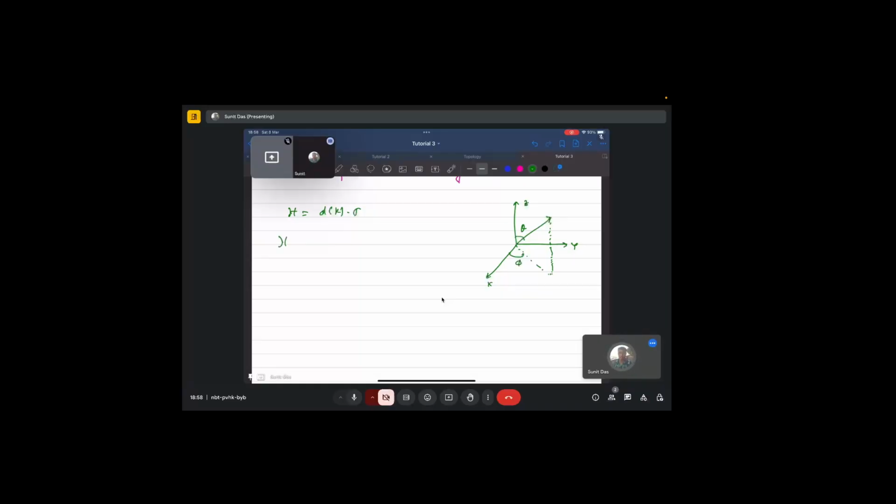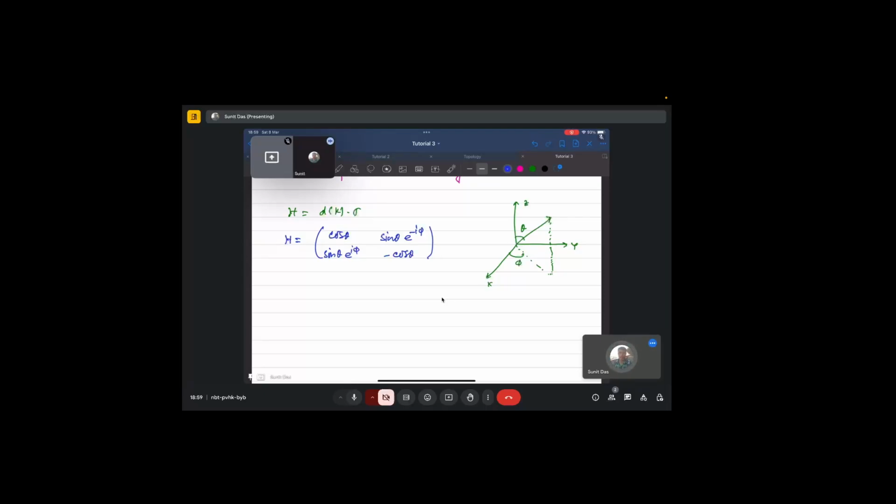So, the general form of this Hamiltonian in the polar coordinate system, you can write as cos theta, sin theta e to the power minus i phi, sin theta e to the power plus i phi, minus cos theta, right.